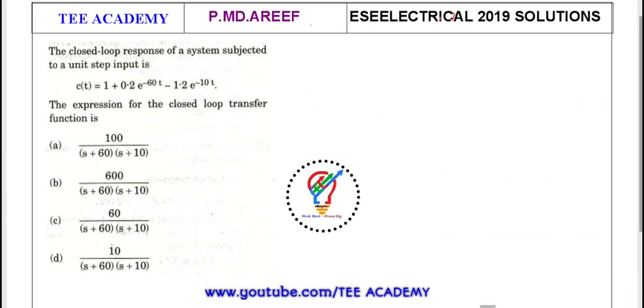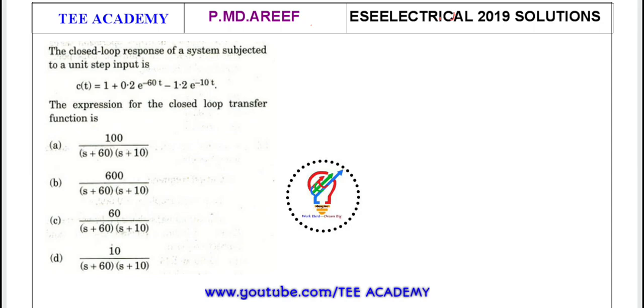Next question. The closed loop response of a system subjected to a unit step input is c of t equal to 1 plus 0.2 into e power minus 60t minus 1.2 into e power minus 10t. The expression for the closed loop transfer function is, friends, if you are solving this question with the help of the Laplace transformation, you will get almost 2 or 3 pages of solution.